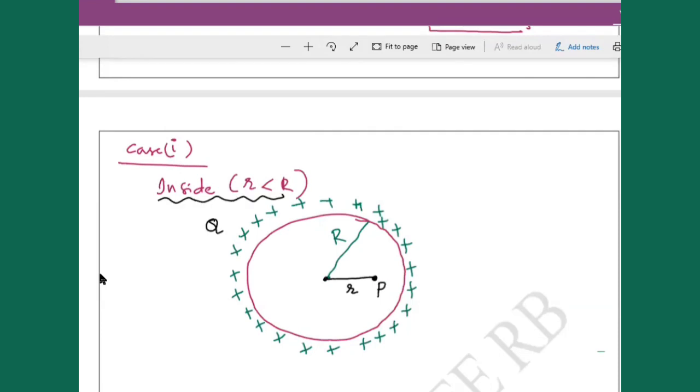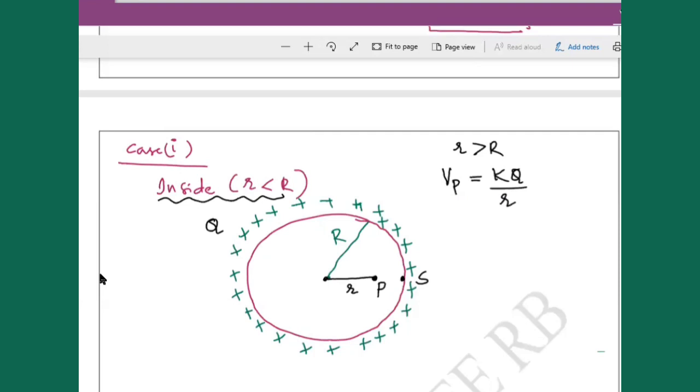Now to calculate, let me take here surface S. If I want potential at point P, I have to bring the charge from S to P. Am I right? On the surface, we know that outside, where r is greater than R, I can write KQ divided by r.